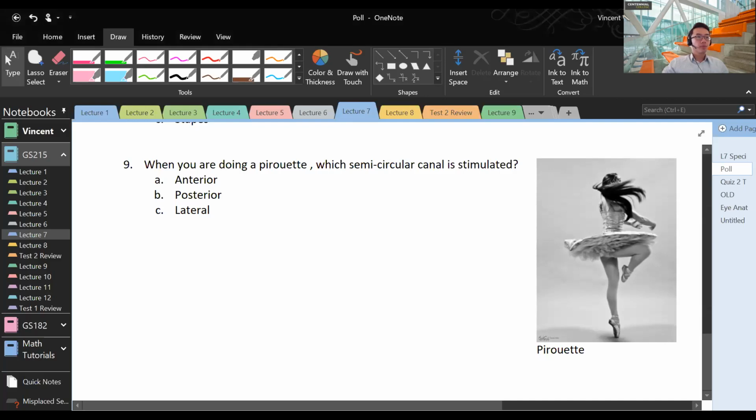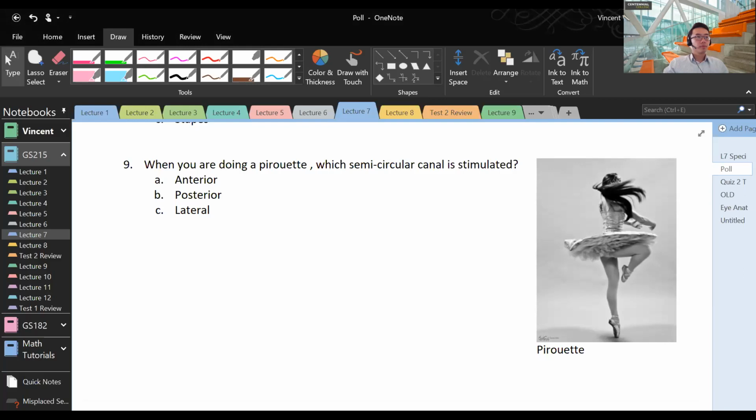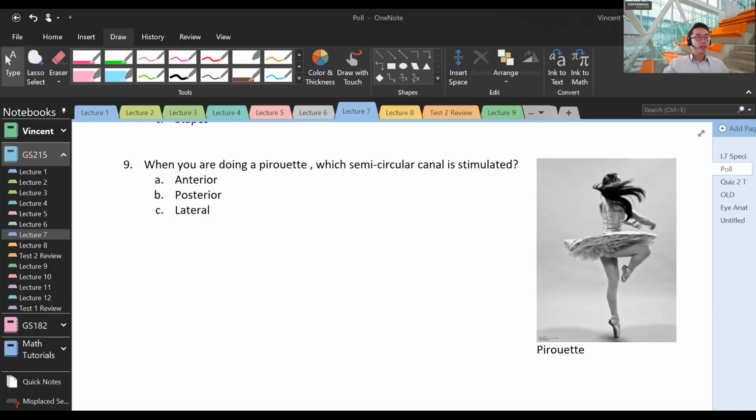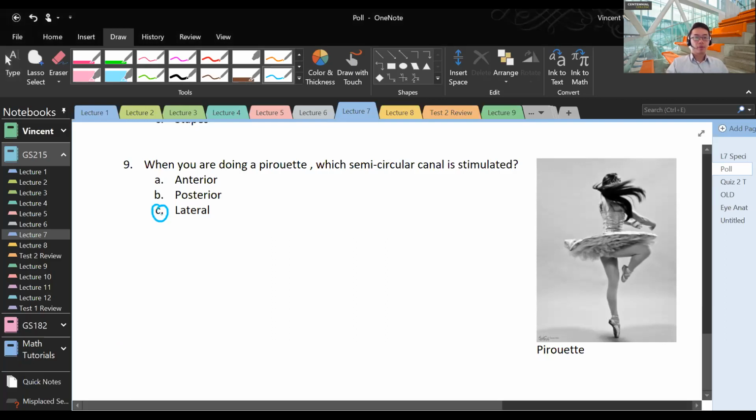Anyone else? All right. So the correct answer is the lateral, right? Very good. The lateral.